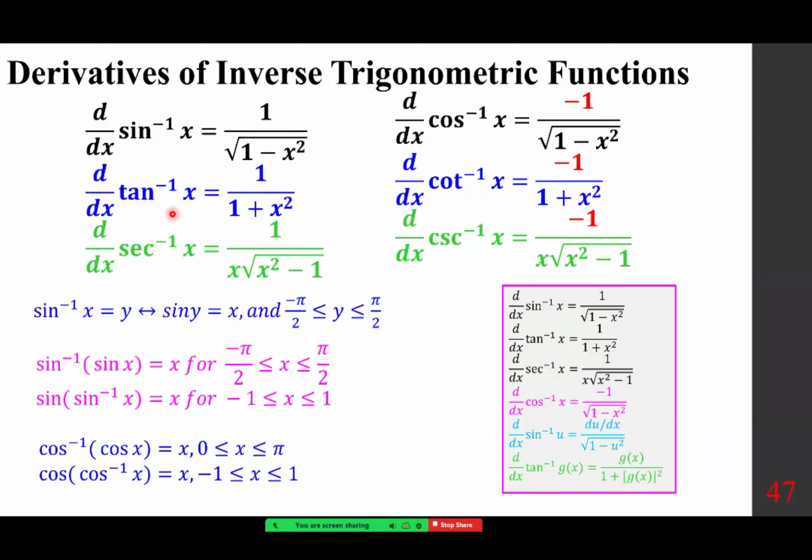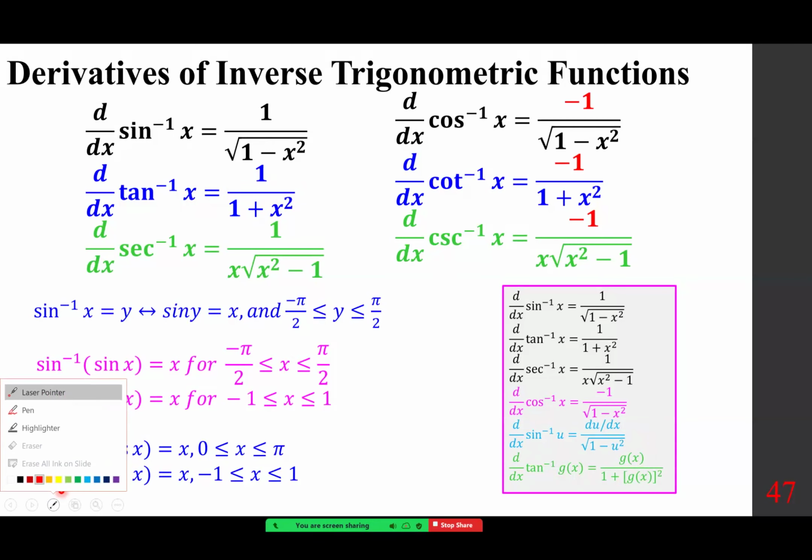For example, tan inverse, instead of x, if you have g of x times g prime of x, or if you call it u times du dx. So I put a u here, I put a g of x here on purpose, because normally we mean that u is the same as g of x, okay? U is a function of x.